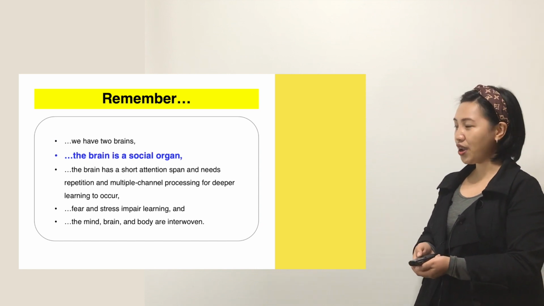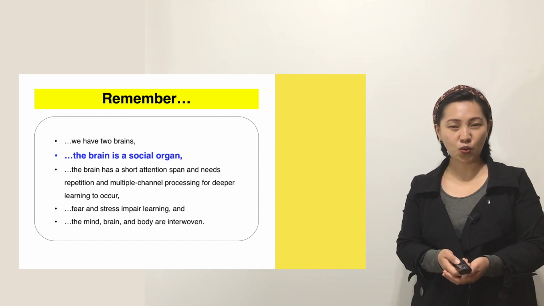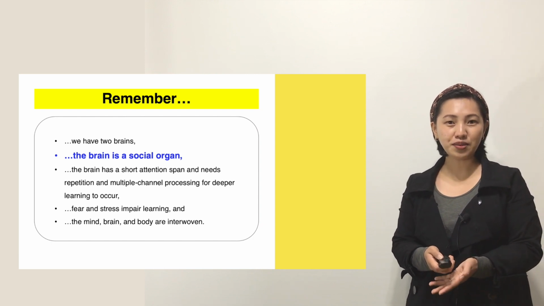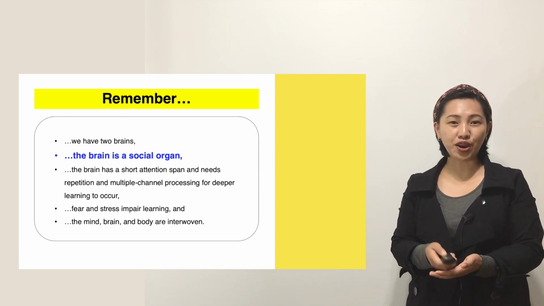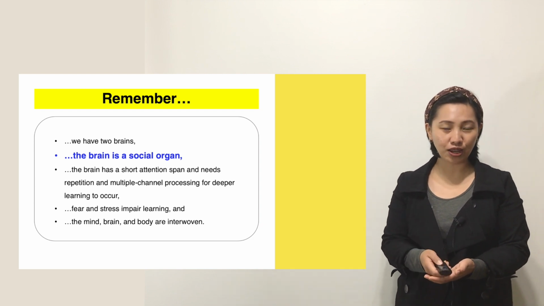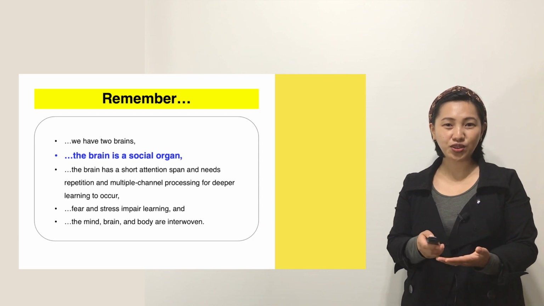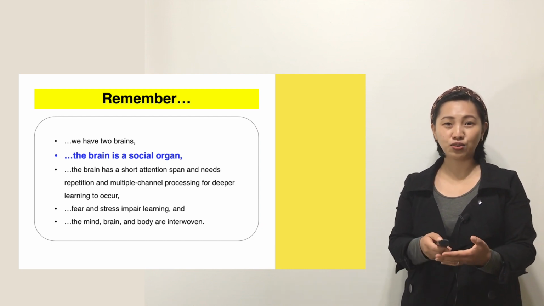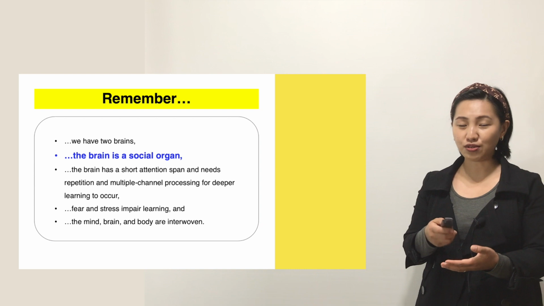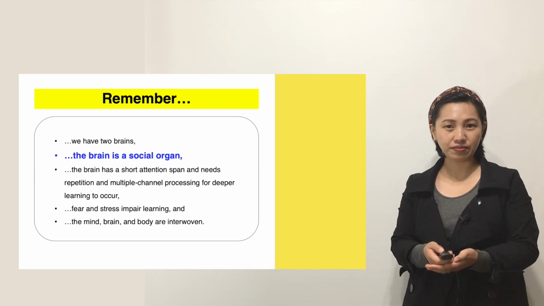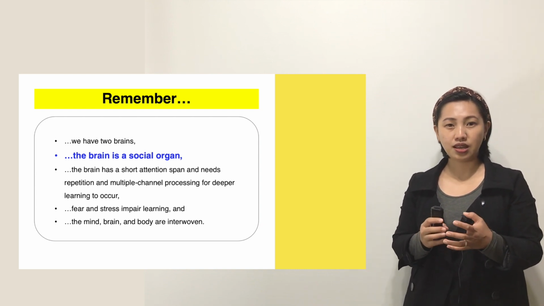Next, the brain is a social organ. This implies that our brain needs constant stimulation and connection. A brain which does not have healthy connection to other brains will not grow, or worse, it will shrink and slowly die.